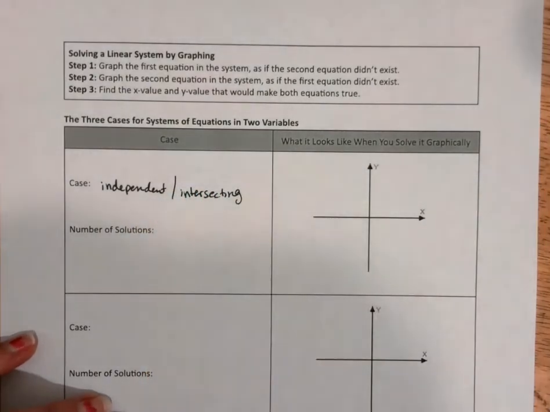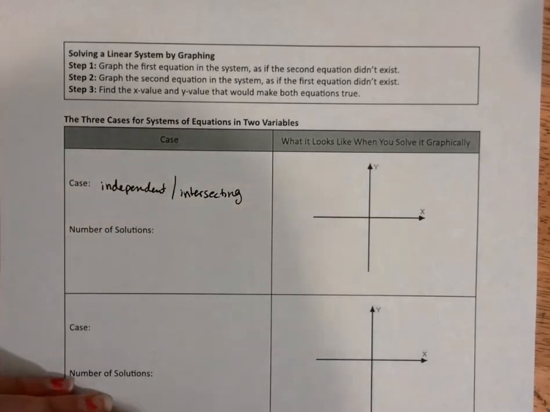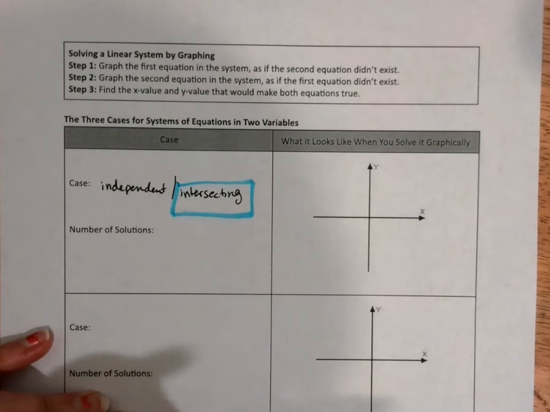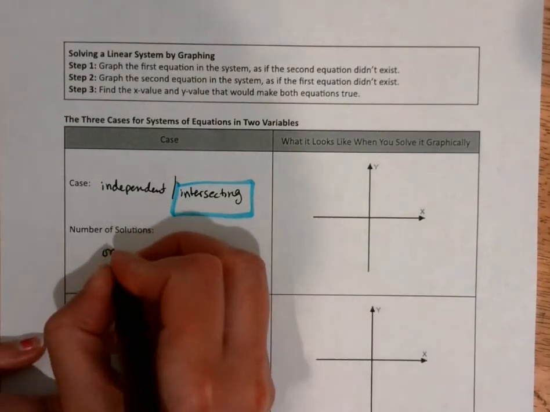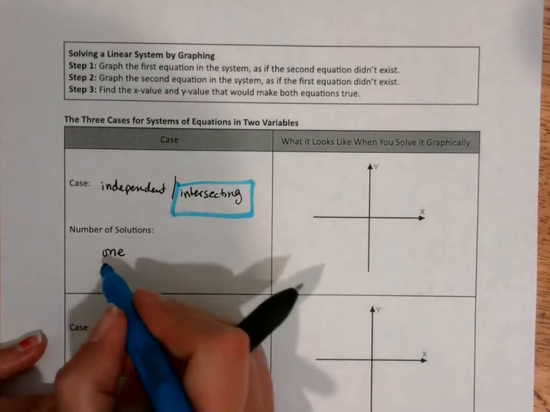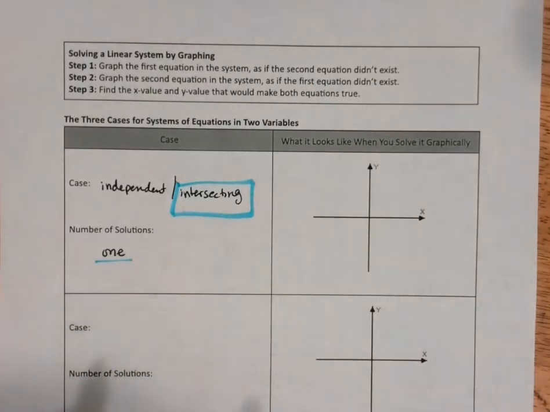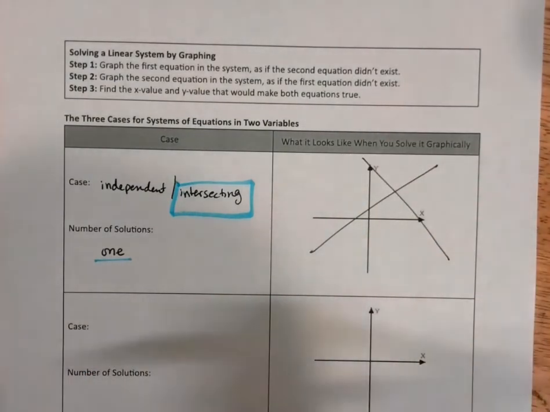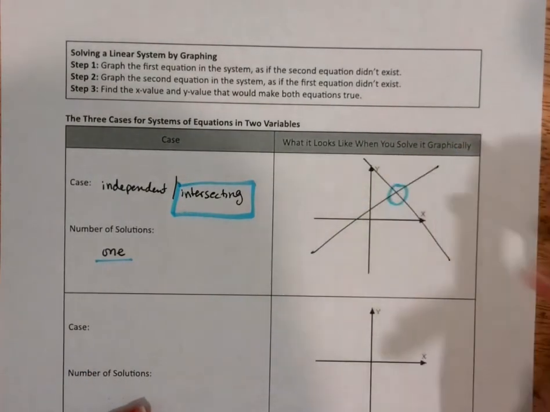Technically, we could use the word independent in the second case as well. So we really want to use intersecting here. I'll highlight that. It's the intersecting case. And if it's intersecting, there is going to be exactly one solution. And this might look like what we saw on the previous page, just a set of intersecting lines where you have a singular solution. Okay.